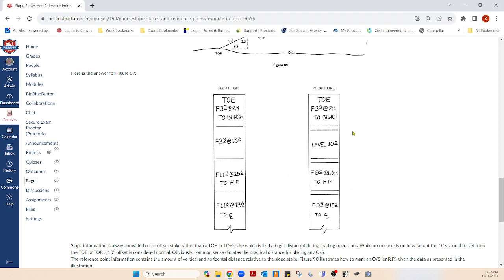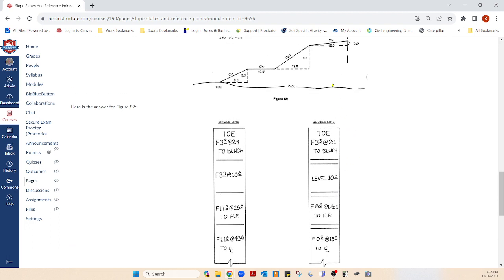So that would be another 15 feet added on to what I added here. 11.3 got me to 28.6, and 43.6. That's 11.3 and 43.6.